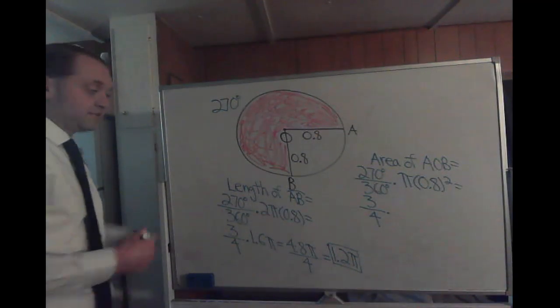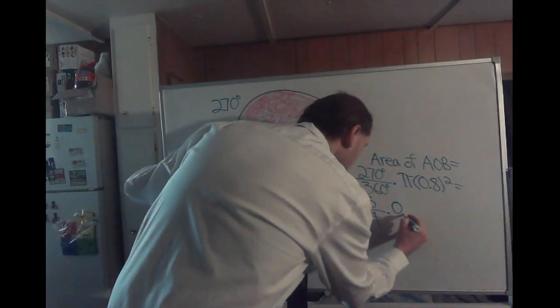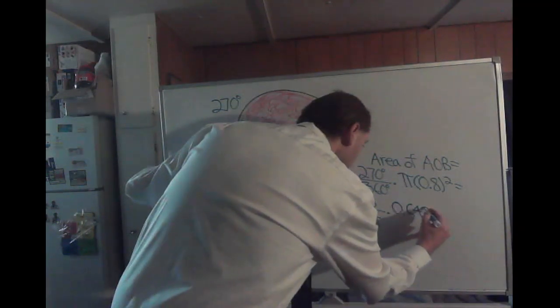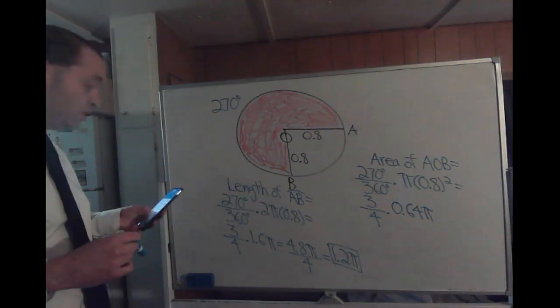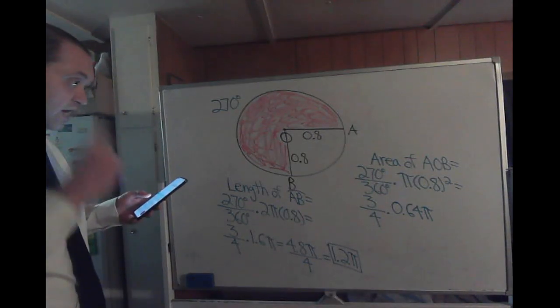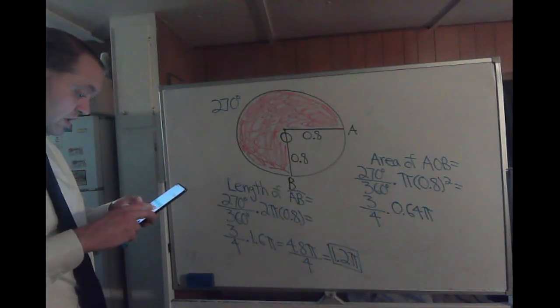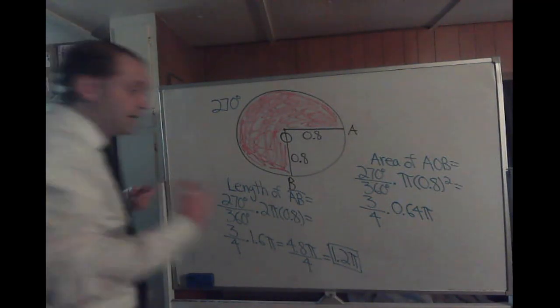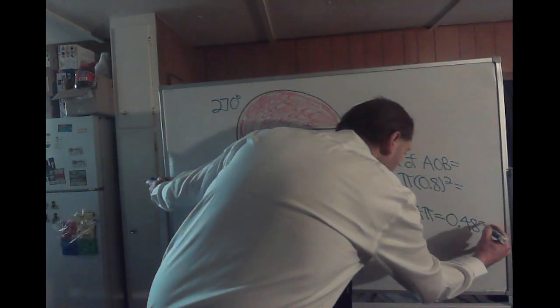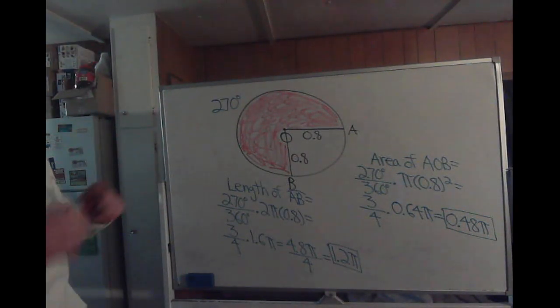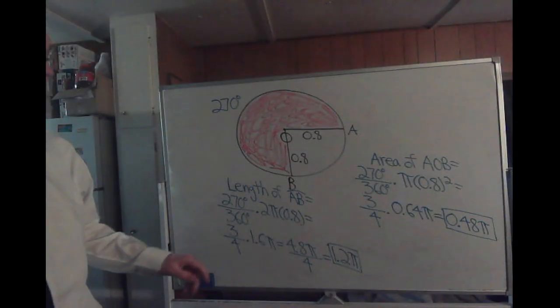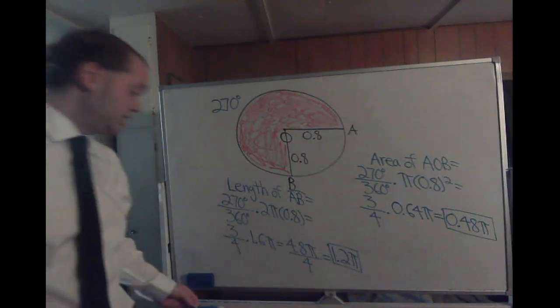That'd be 0.64 pi. All right, now let's try to get rid of that decimal. That would give you 0.48 pi. So the area of sector AOB in this case would actually be 0.48 pi square units.